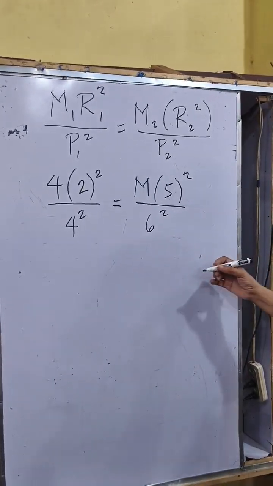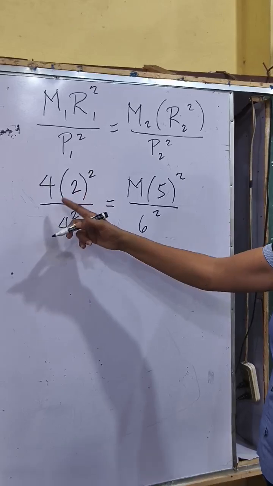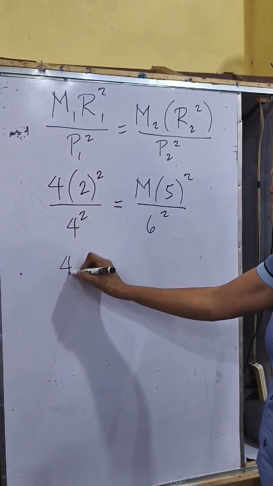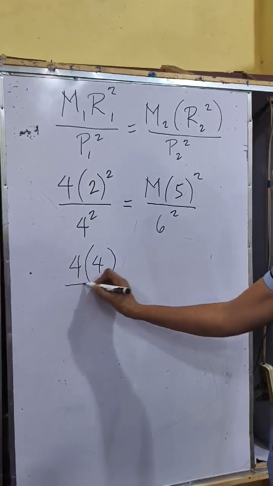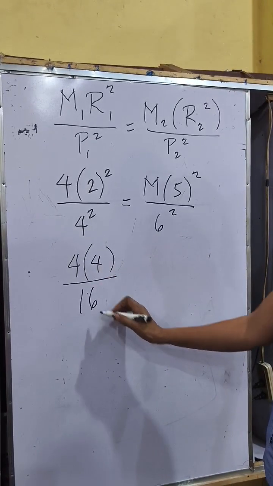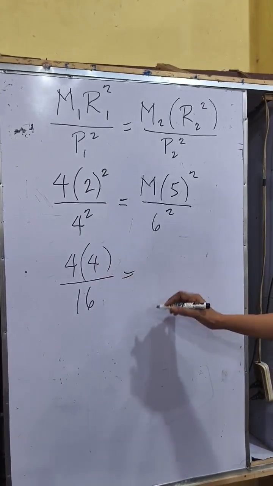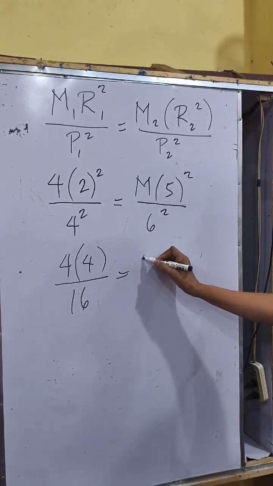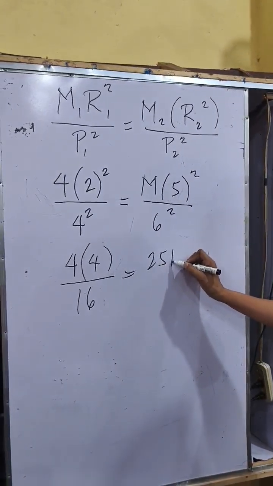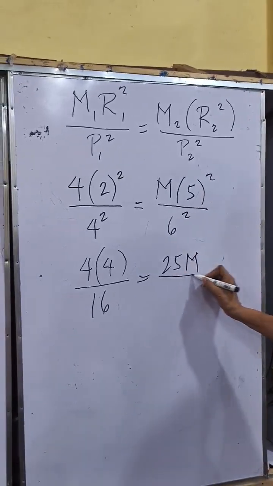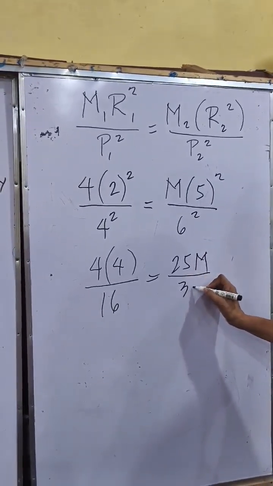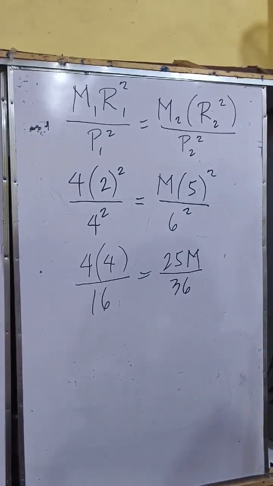Then you can manipulate, this will become 4 times 2 squared, that is 4 over 16. Then here that would be 25 M. You have to multiply 5 times 5. 25 M over 36. 6 times 6, 36.